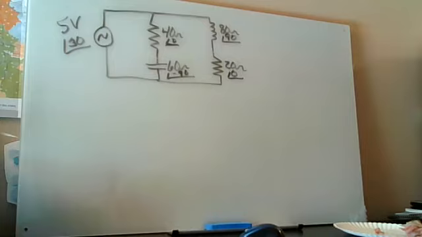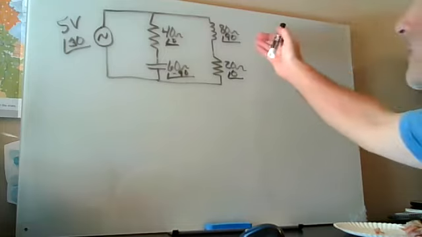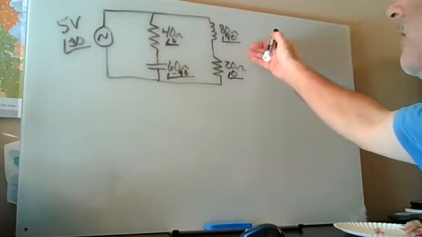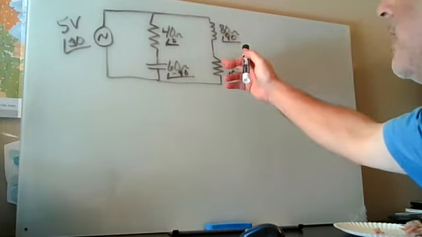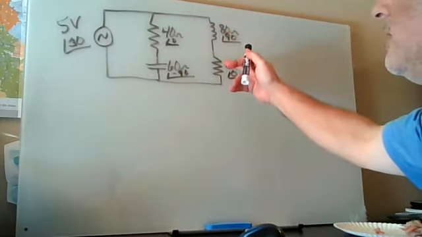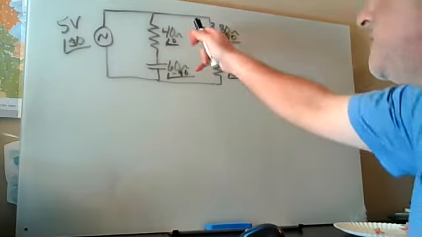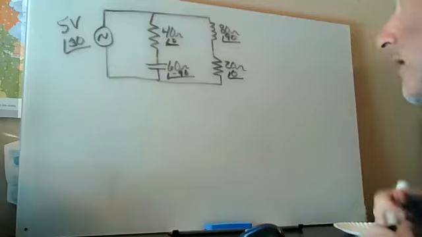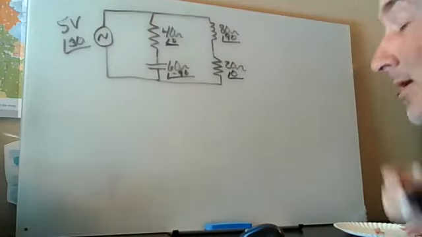Now I'm going to say, okay, I got a series parallel circuit, so I want to start farthest away from the source. If I start over here, what do I have? I've got these two in series, but I also notice I got these two in series too, right? So I'm going to do both of them at the same time.